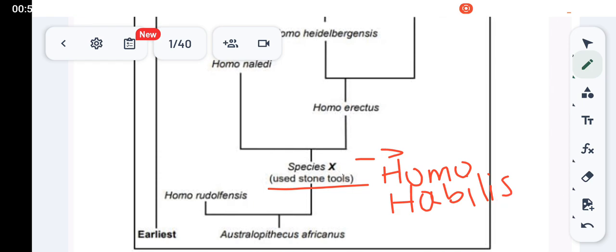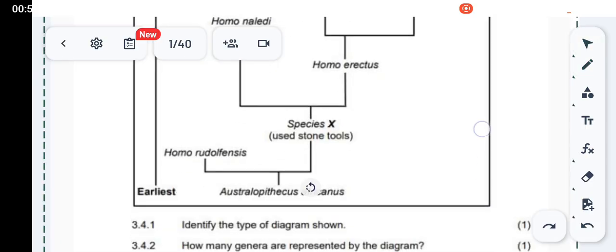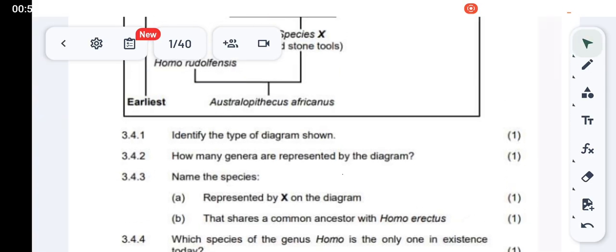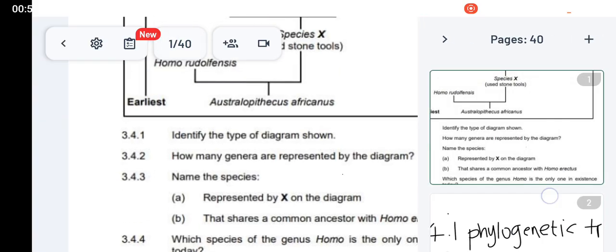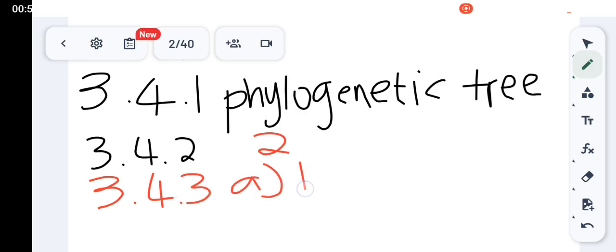Please don't forget that. Homo habilis, however you pronounce it. It means species X is Homo habilis. That is the answer for 3.4.3a. So let us write it down. For 3.4.2, we said we have two genera. 3.4.3a, that is Homo habilis.